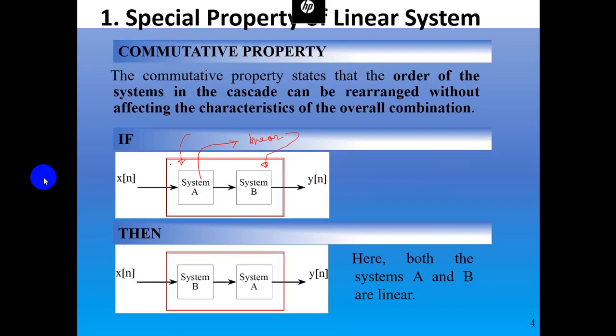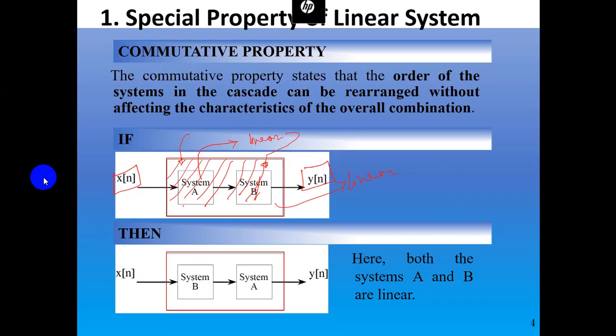The two systems can be considered as a single system. That means this whole part is a single linear system with input and output.